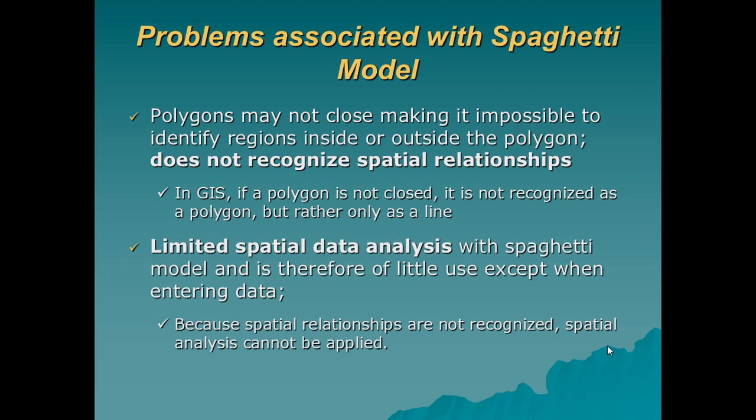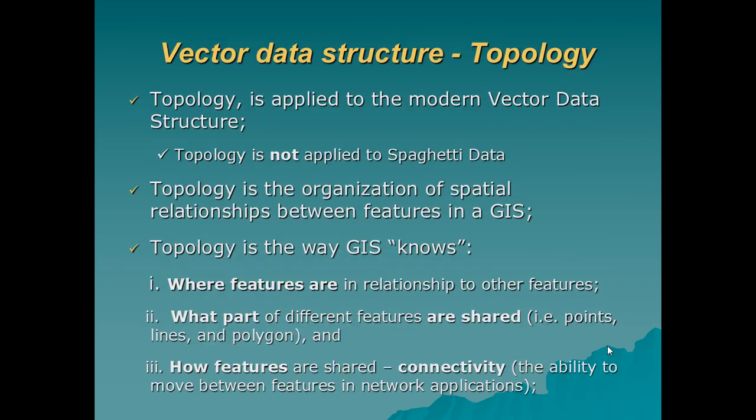Another problem with the spaghetti data model: because of the absence of that inherent spatial relationship information, there is limited spatial data analysis capability. Because spatial relationships are not recognized, spatial analysis cannot be applied using the spaghetti data model.